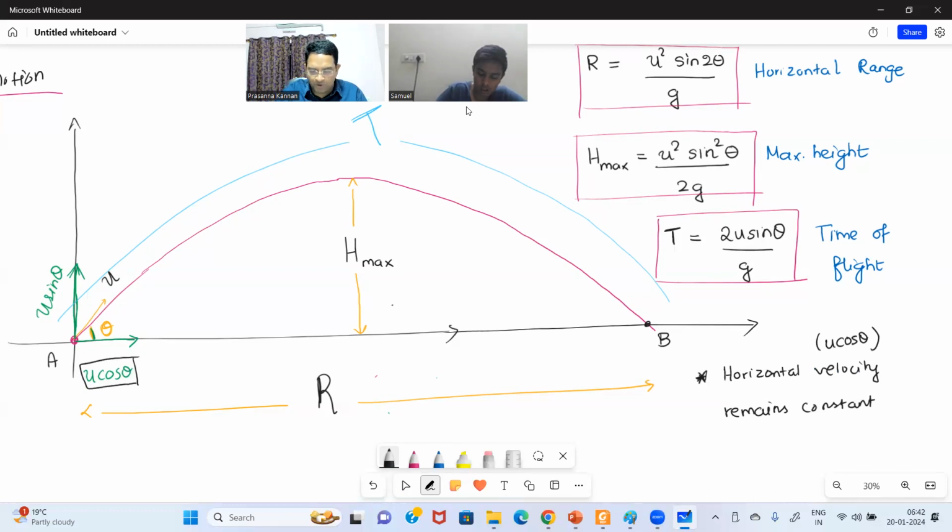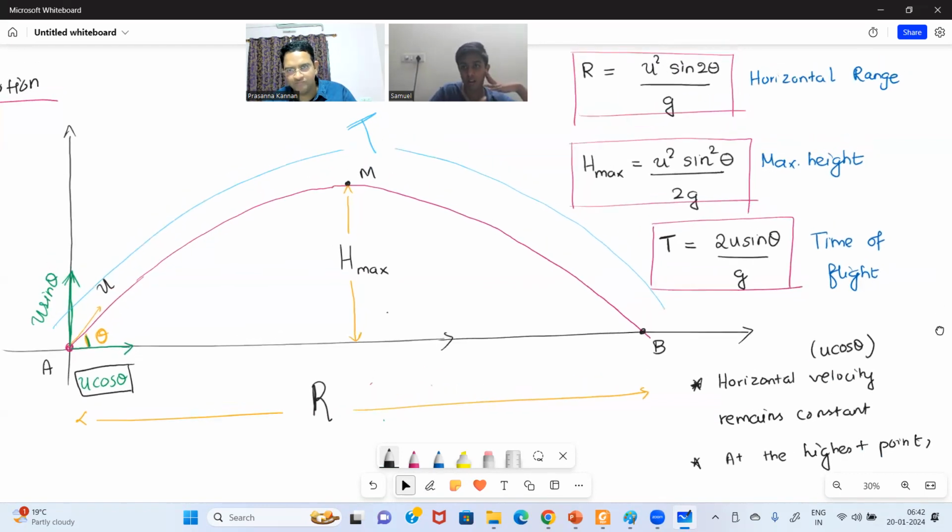And at the topmost point, probably I'll call this point M, let's say. At the topmost point, what happens? Can you tell me? At the highest point in projectile motion, vertical velocity becomes 0. Write it down.